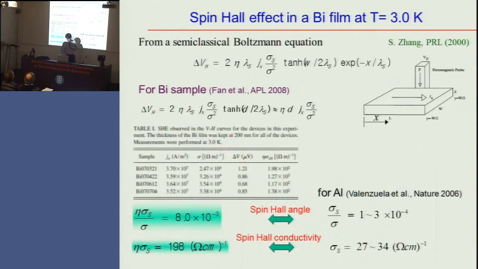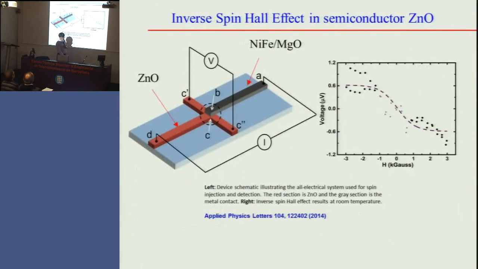But so far, there are so many experiments like this, in bismuth and so on. And zinc oxide, they also measure something similar. Here spins are injected from the ferromagnet into the zinc oxide layer.